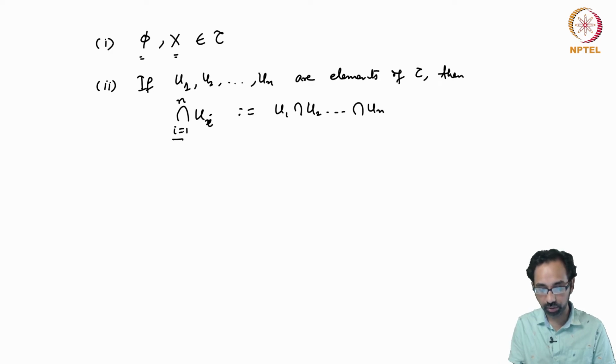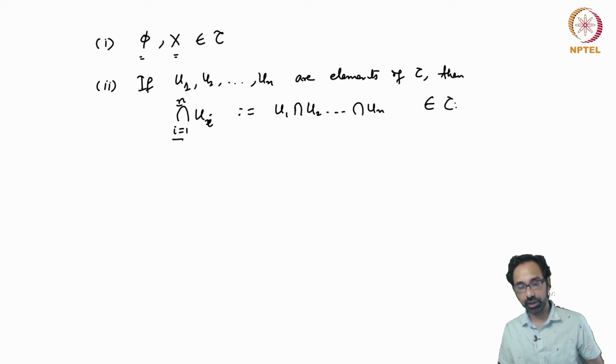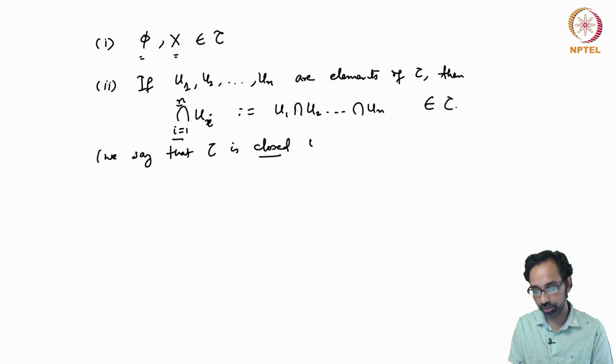When I write i equal to 1 to n, it just means that the intersection takes into account all these sets u1, u2 up to un, and this must belong to tau. So we say that tau is closed under finite intersections.